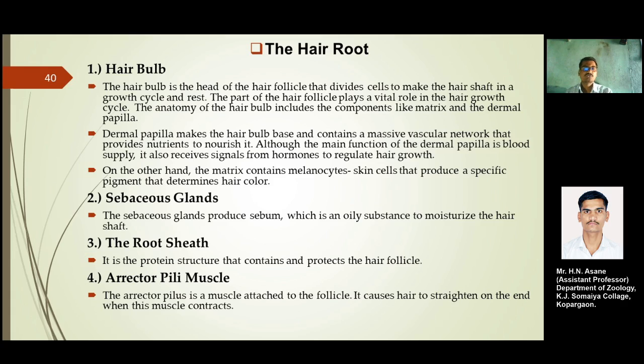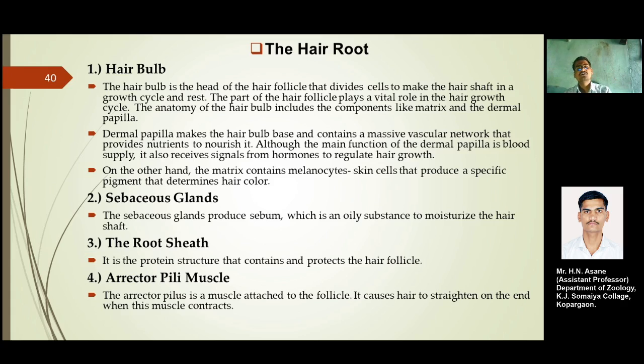In the growth cycle, it is the part of the hair follicle that plays a vital role in hair growth. The anatomy of the hair bulb includes components like the matrix and the dermal papillae. The dermal papillae make up the hair bulb base and contain a massive vascular network that provides nutrients and nourishment.